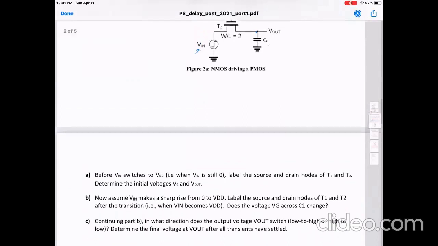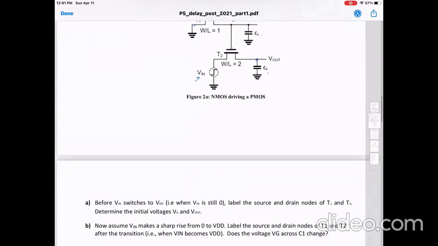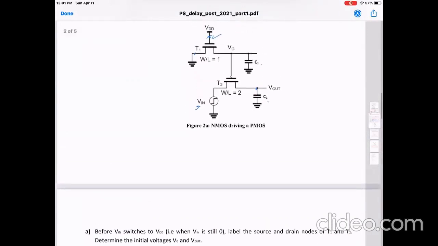The first thing we're being asked is, before Vn switches to VDD, if Vn is equal to 0, label the source and the drain nodes of T1 and determine the initial voltages Vg and Vout. So if Vn is 0, let us first look at transistor T1. Transistor T1 is independent of the input. It is always on.